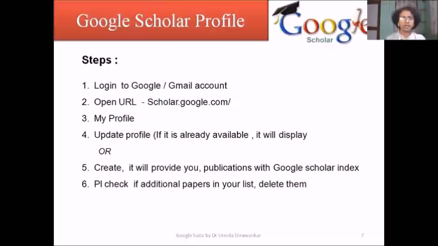Then just click on My Profile. Update the profile, and if it is already available, it will display, or you can create it. It will provide you publications with the Google Scholar index. And please check for additional papers in that particular list. If additional papers are not there, that particular profile is yours only.